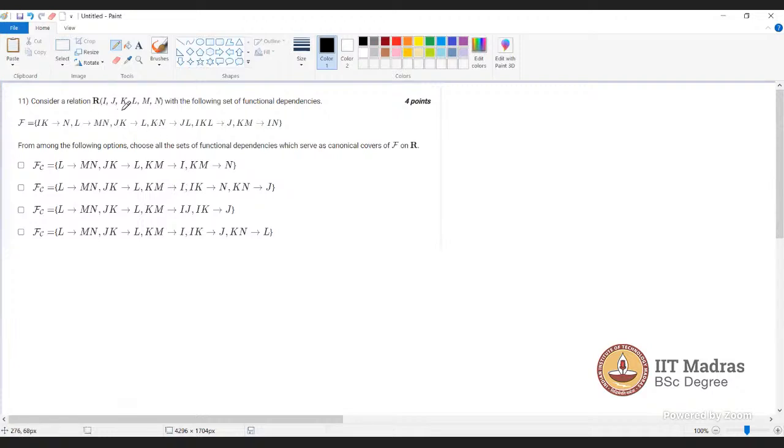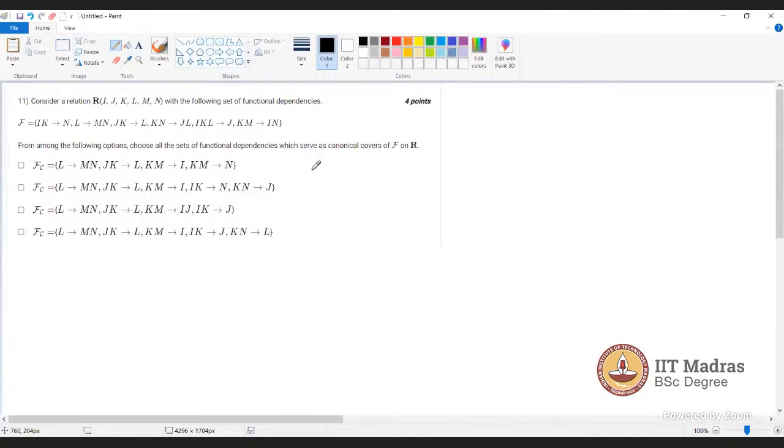Consider a relation R with attributes I, J, K, L, M, N with the following set of functional dependencies: IK determines N, L determines M, N, JK determines L, KN determines J, L, IKL determines J, and KM determines I, N. From among the following options, choose all the sets of functional dependencies which serve as canonical cover F on R. Basically, you have to find the canonical cover.